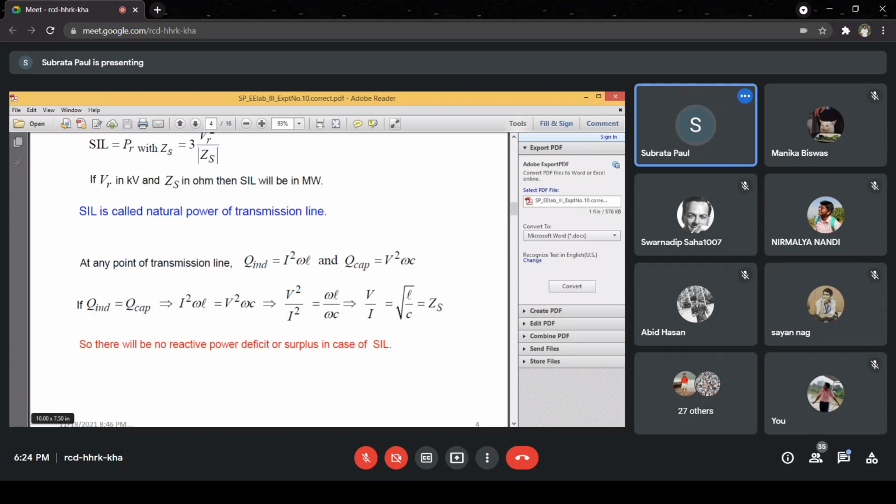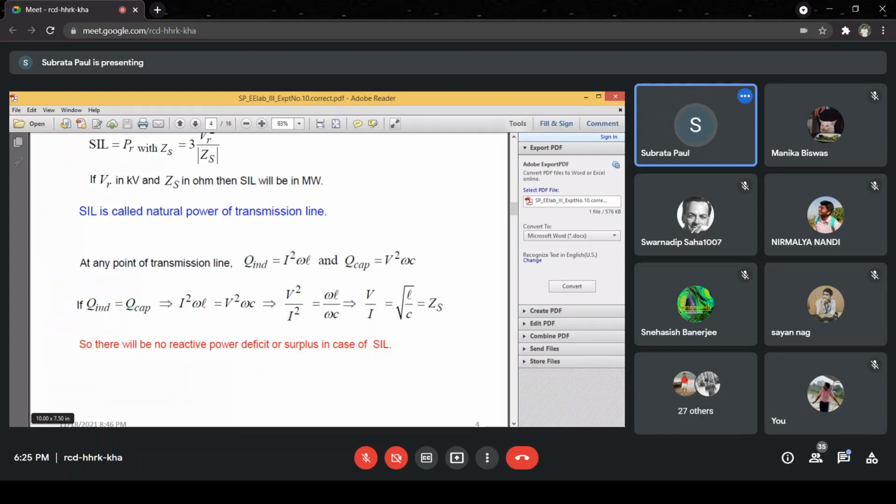So alternatively we can say a capacitor generates inductive var or delivers inductive var, right? That means at every point on the line, the var generated by its shunt element is being exactly absorbed by its series element. So at every point on the line, there will be no deficit or surplus of reactive power.